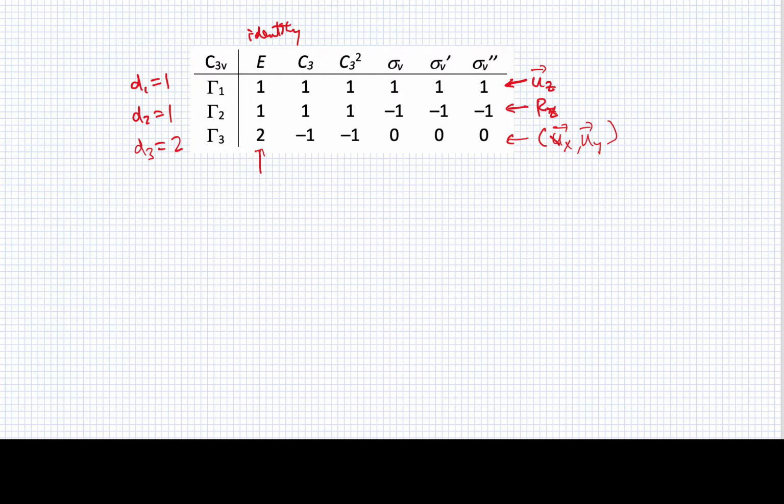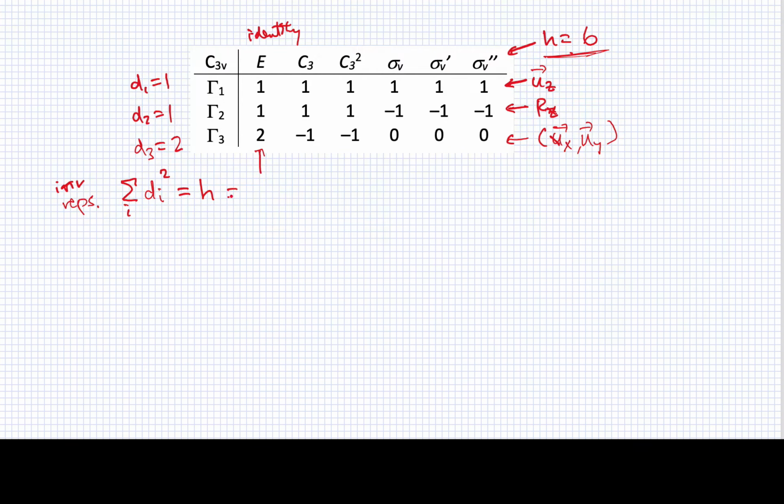Now, there's another particular relationship that is useful to know, and that is that the sum over all of the irreducible representations, IRR reps, of the dimensionality squared is always going to be equal to the order of the group. So in other words, remember the order of the group is the number of symmetry operations. H is equal to 6 in this case.